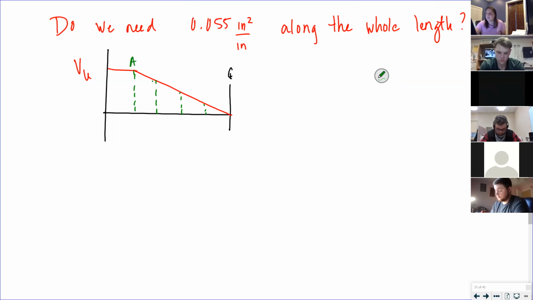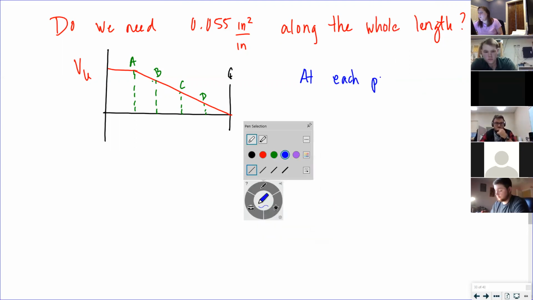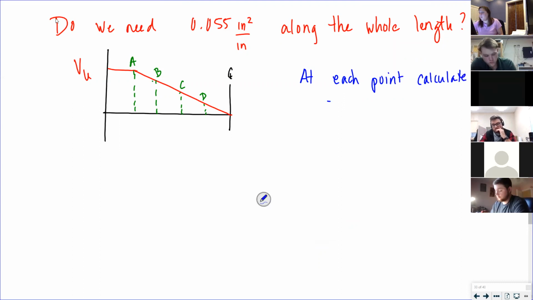This is A, B, and at each of those points, I'm going to calculate how much shear I need, compare that to my Vc, my contribution from my concrete.